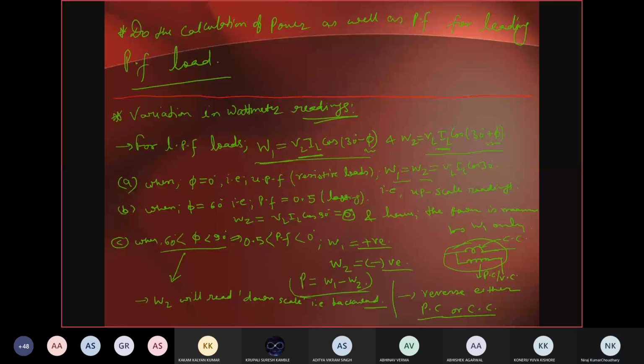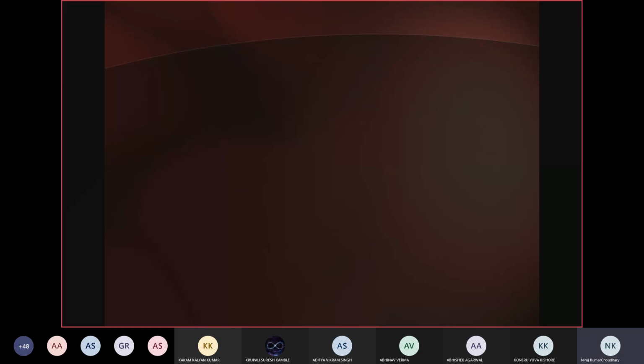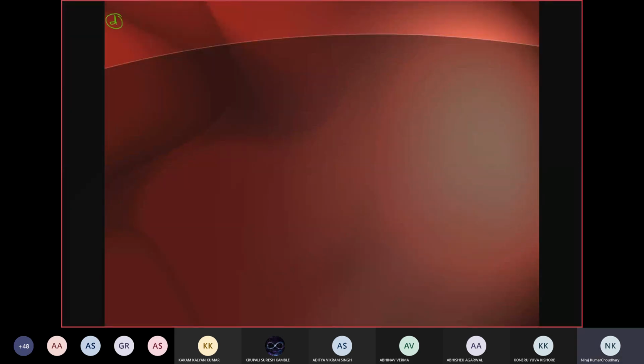Now, the fourth case here is when your power factor angle is equal to 90 degree. That is, in this condition, you have a pure inductive or capacitive load, as we are discussing here for lagging power factor load. So in this condition, it will be a purely inductive load.